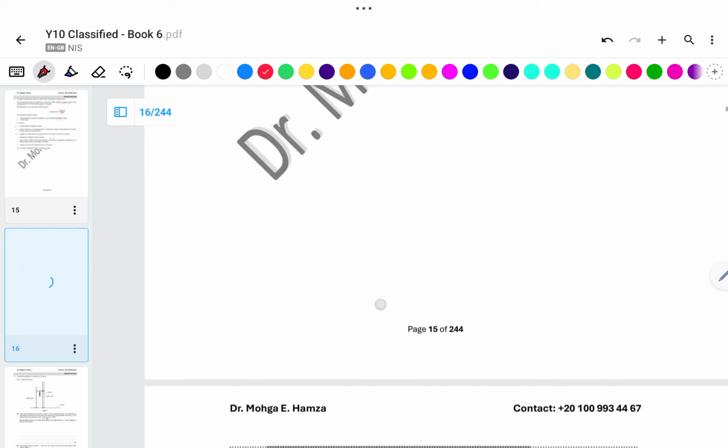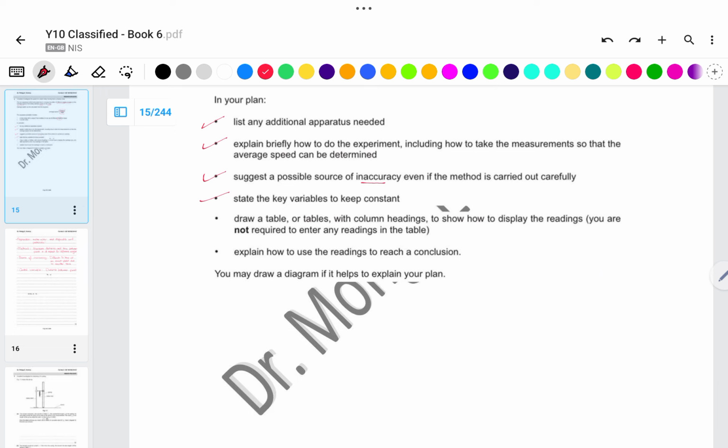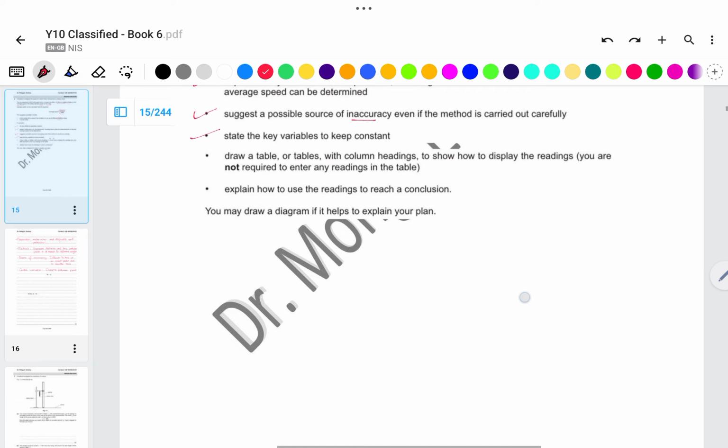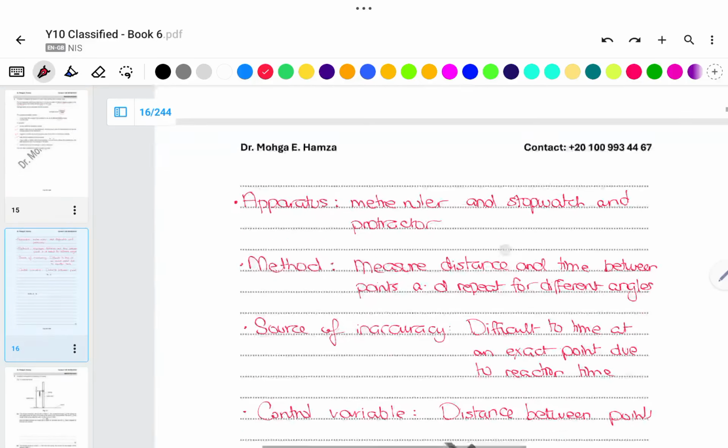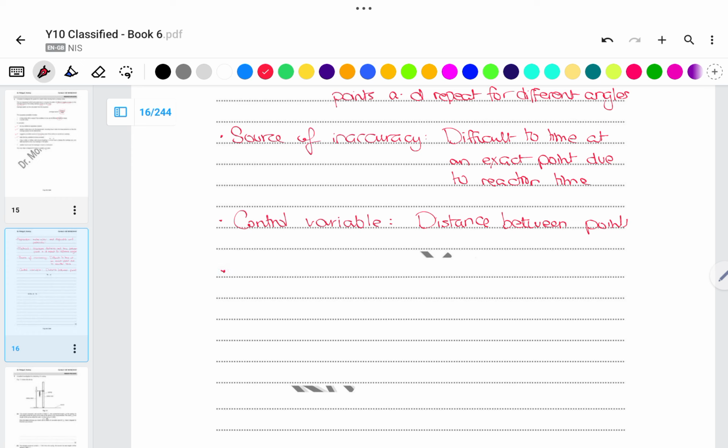Next, they're asking us to draw a table with column headings to show how to display the readings. You're not required to enter any reading in the table. They just need the headings. So here, I'm going to write that this is my table, and it's just going to be the headings.